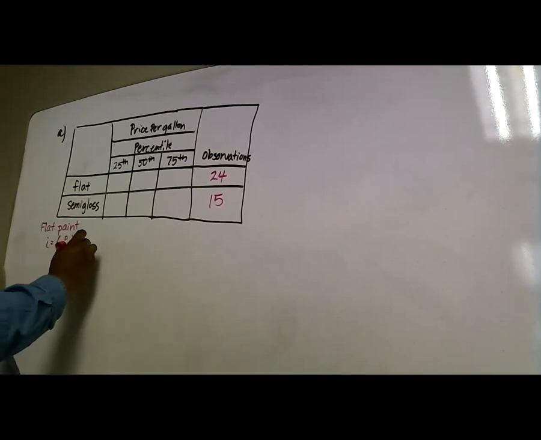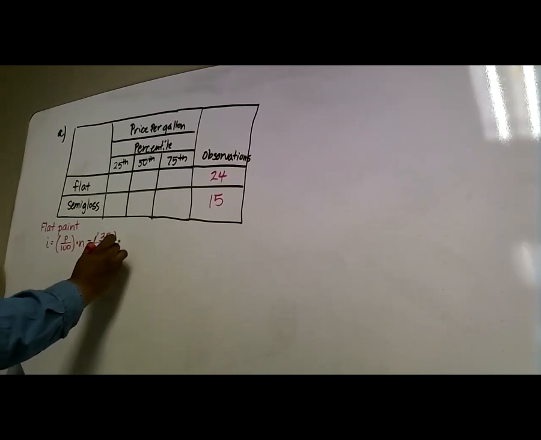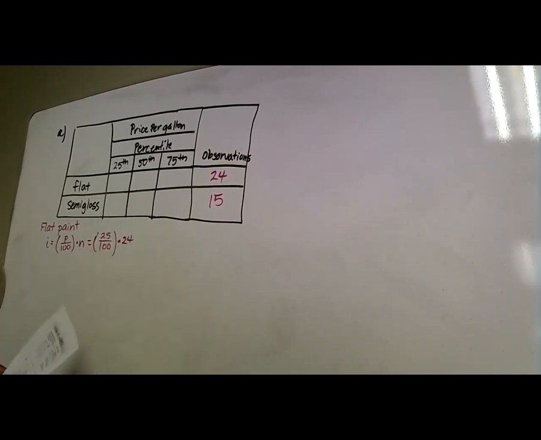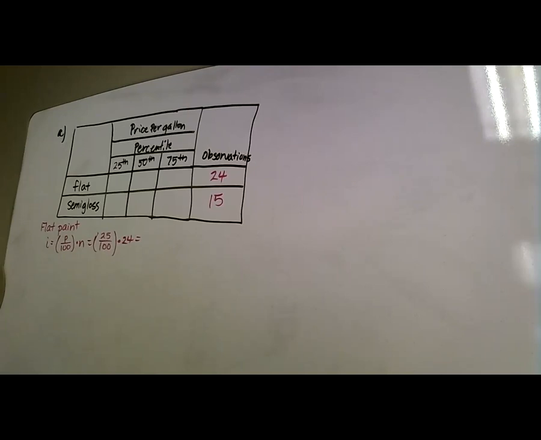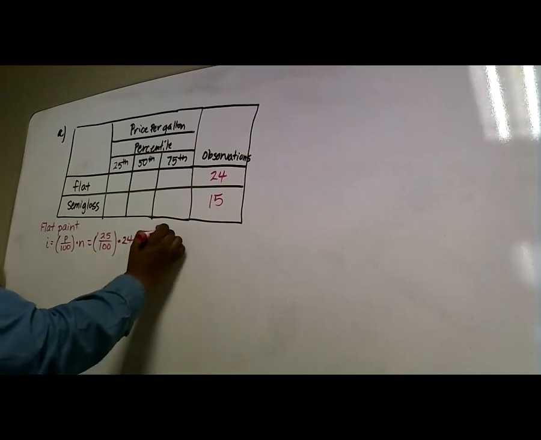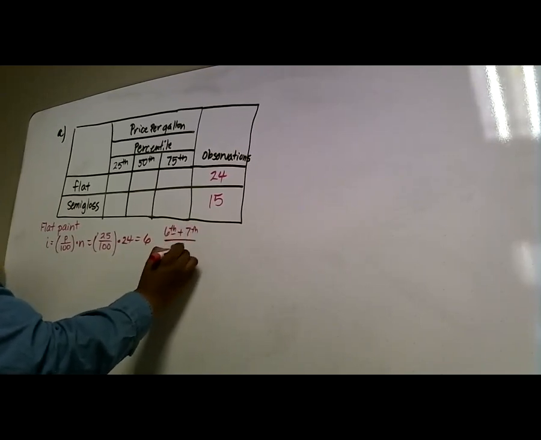And in this case, your P is 25, so it'll be 25 divided by 100 times the number of observations for flat paint, that's 24. So 25 divided by 100 times 24 is how much? It's 6. Okay, that's the 6th position. It's a whole number, so we need to look at the 6th number and the 7th number and get the average of the two.